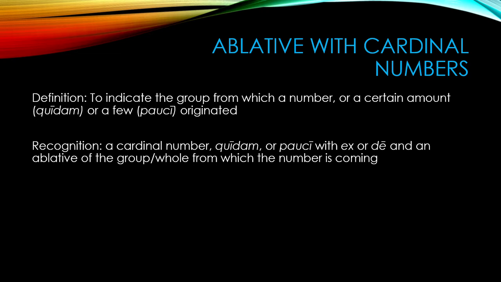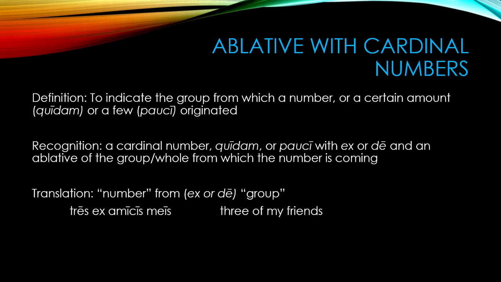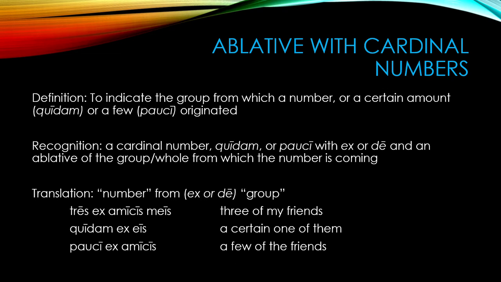It is translated as the number from the group. A few examples include tres ex amicis meis, 3 of my friends, quidam ex eis, a certain one of them, and pauci ex amicis, a few of the friends. The only number that doesn't use this construction is millia, as it uses the partitive genitive instead.